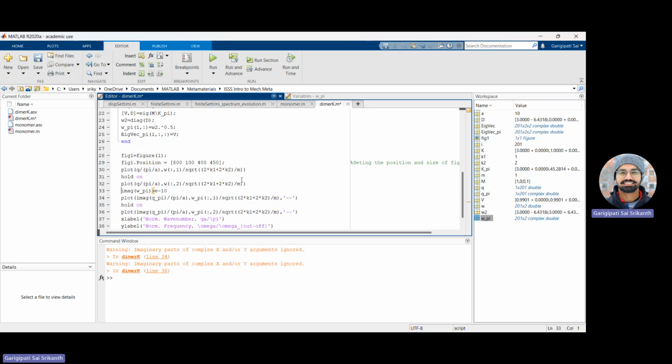So we have to take the absolute of the imaginary value of the frequencies. If they are greater than 0, then what we can do is we can store those indices.